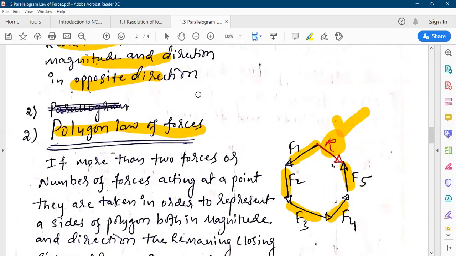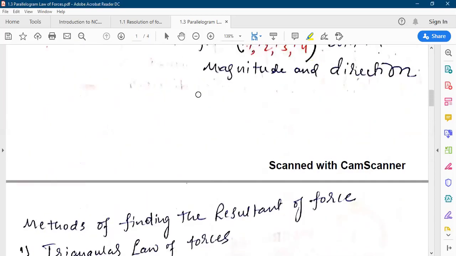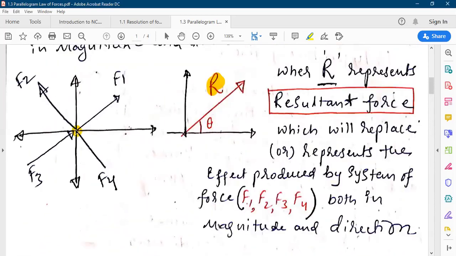So if more than two forces are acting at a point simultaneously, like this we can see forces F1, F2, F3, F4, and there may be one more force F5 here.